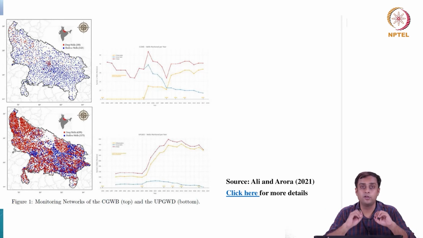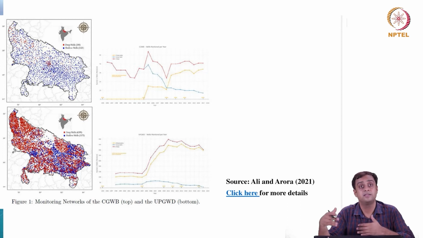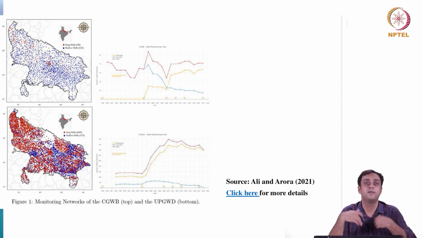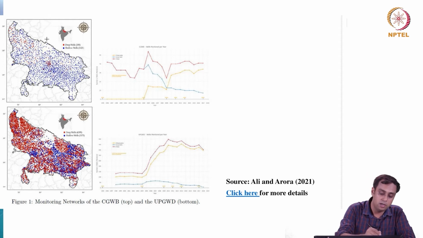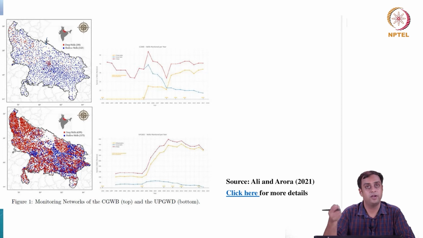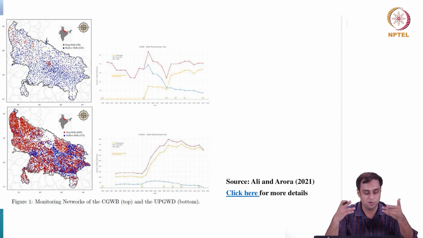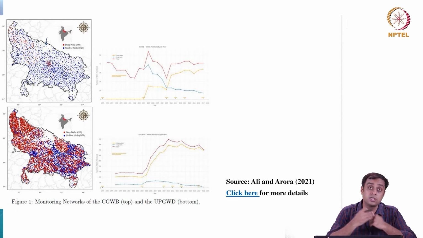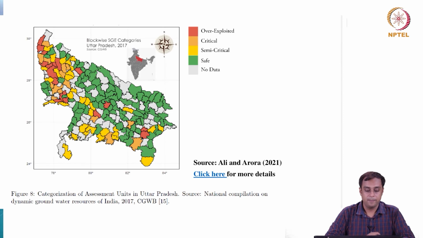All these locations are used to monitor the level of groundwater at any point of time that is of interest to the agency. So the agency can walk up to one particular well, monitor the level, and then come back later and figure out what the level is. If you see the water level going down, you have an indication of depletion. So such data sets are also vector data.